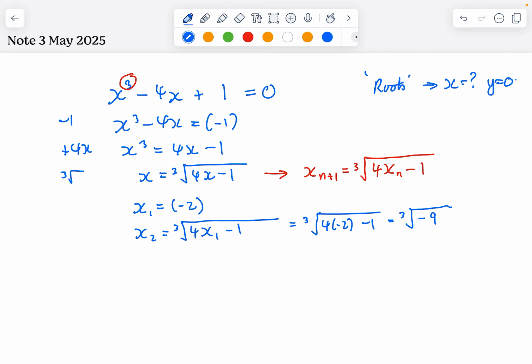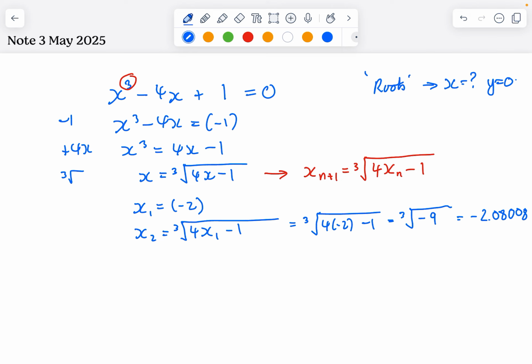Now remember, you can't take a square root of a negative number because square numbers are always positive. Cube numbers can be negative. So cube root of negative 9 gives us minus 2.08008, and then some more digits.